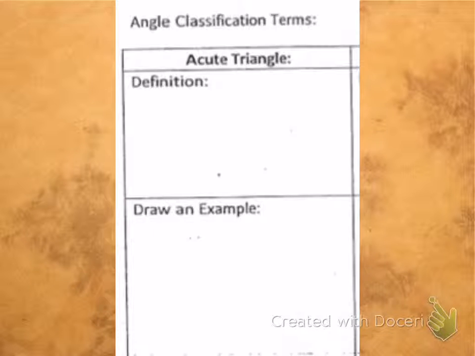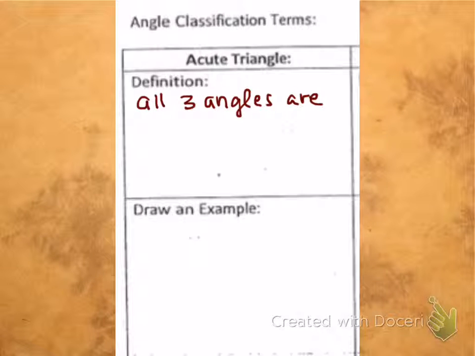And so we have an acute triangle, and that means all three angles are acute. So all three angles are less than 90 degrees. And we can draw an example of that.